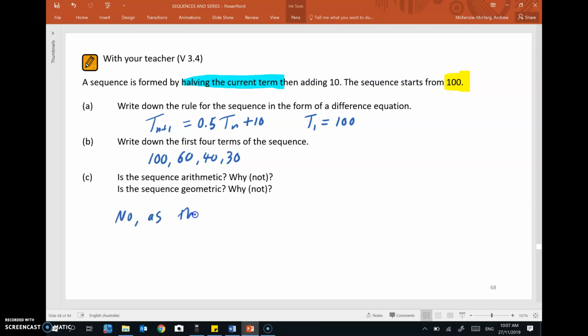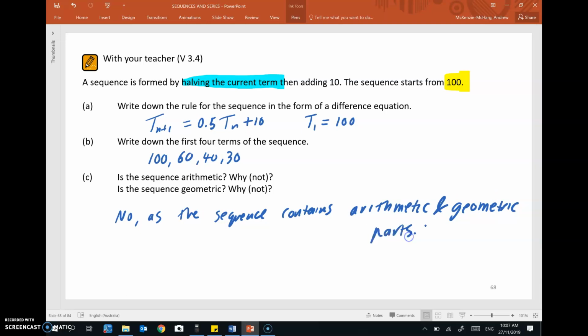So no, as the sequence contains arithmetic and geometric parts. Or you could say linear for arithmetic and exponential for geometric. That's okay too.